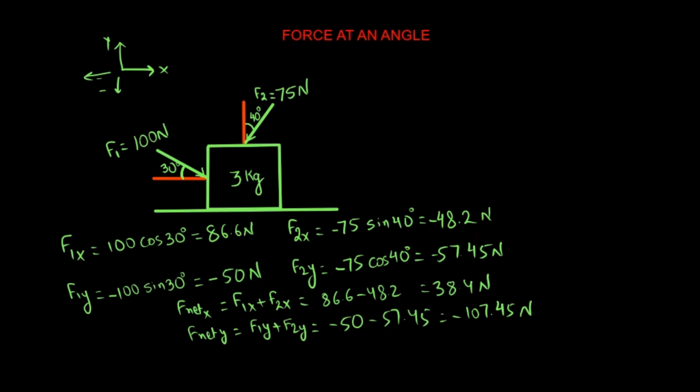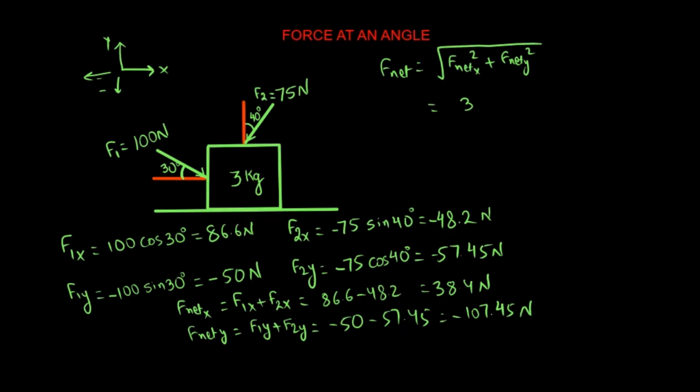Next, find the net force using this formula. F net is the square root of F net in the x squared plus F net in the y squared.